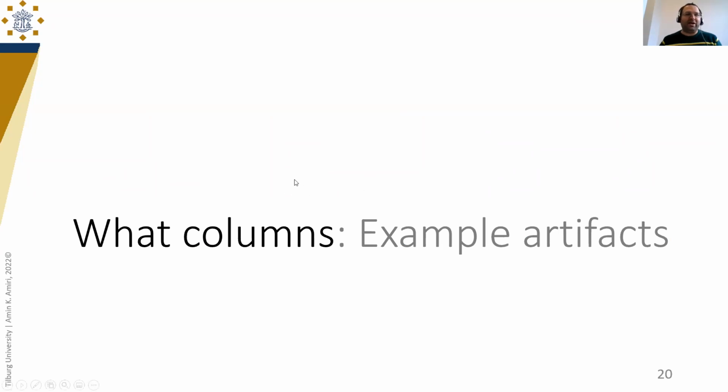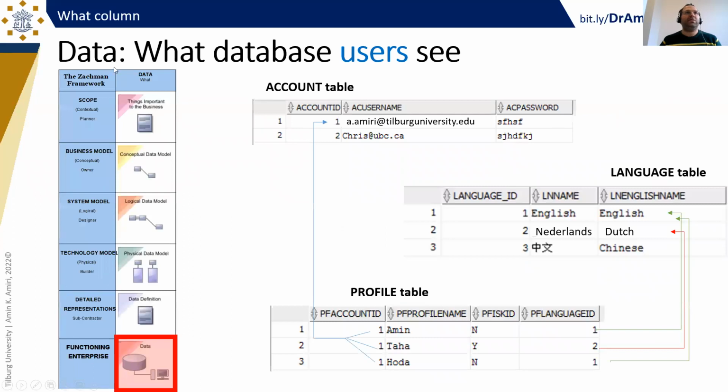So now, I would like to focus on the what column, the first column. We just saw the data, the description of data in Netflix from a function enterprise view, from a user's point of view.